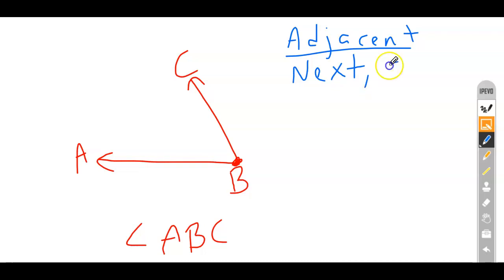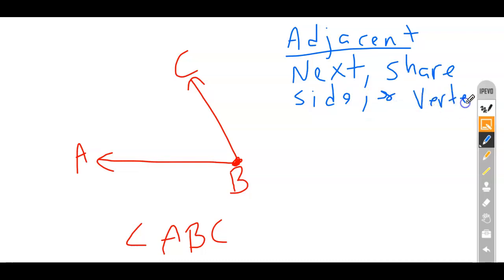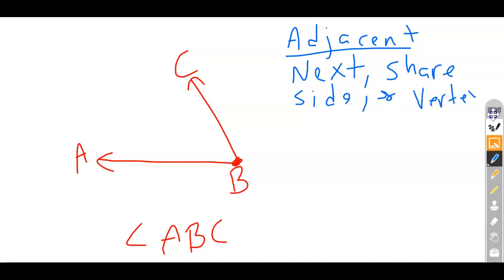It has to share a side and vertex. Okay?